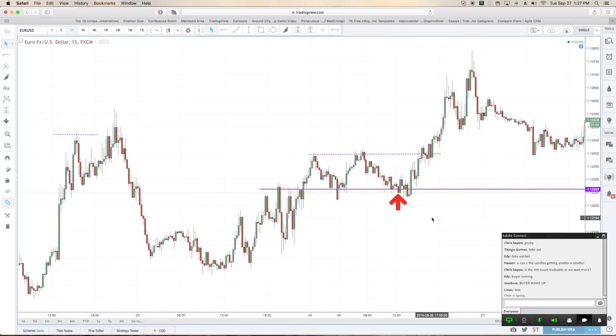What happens after the first traders get in? The reaction comes back. What happens to this seller? How far does he get? Now, this is a 15-minute candle.